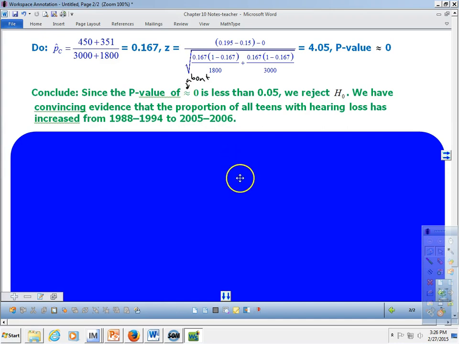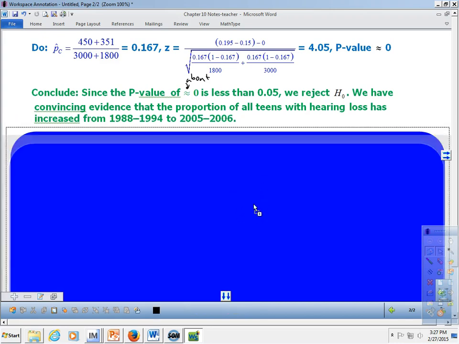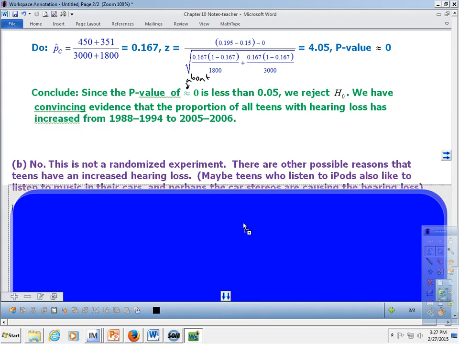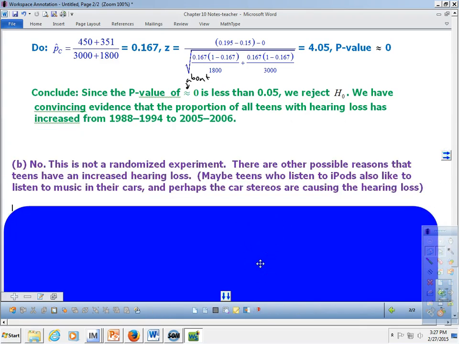Did we sample from just iPod users? Did we randomly assign teens to listen to an iPod a bunch and then test them, right? And we didn't do that. So can this be blamed on the iPod? Not directly, not without more study, right? This is not a randomized experiment.